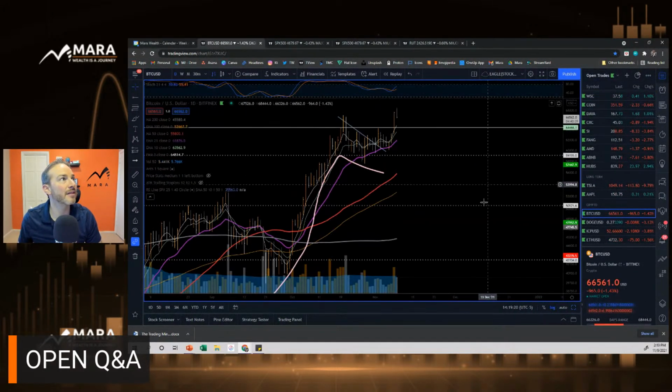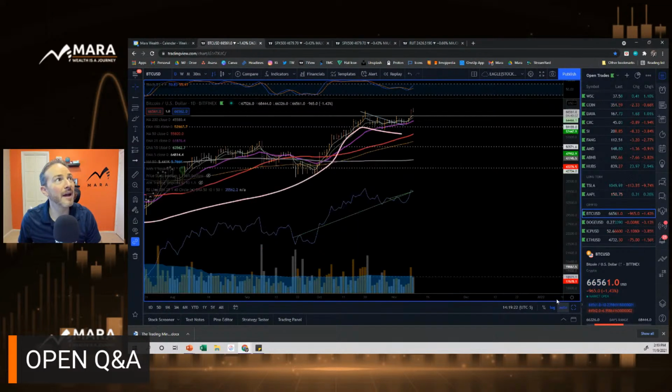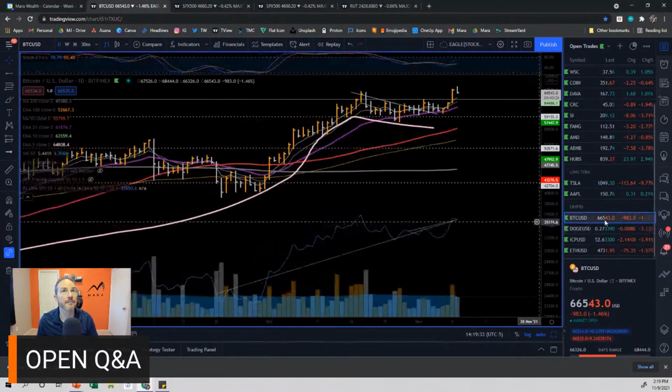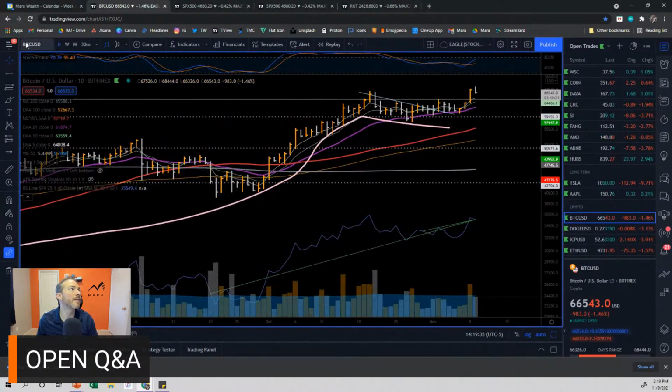For example, all the same types of patterns, right? If you couldn't see the ticker right there, you wouldn't know that this is Bitcoin. Or if you couldn't see this over here, you wouldn't know that it's Bitcoin. It all trades the same. It's all just price and volume. It's all supply and demand.